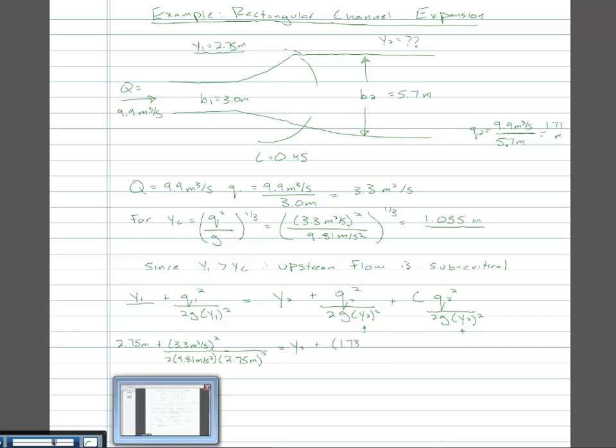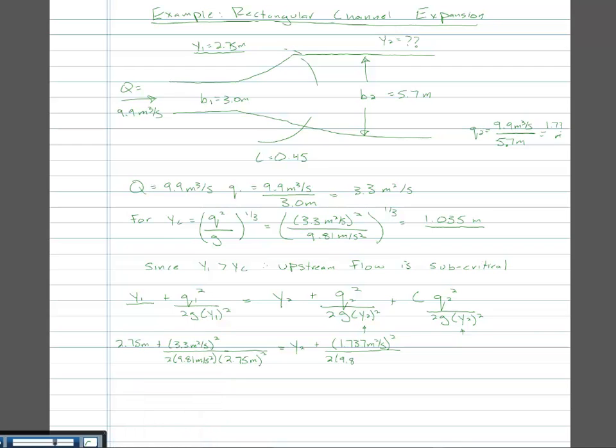So 1.737 meters squared per second, squaring that, over 2 times 9.81 meters per second squared, and the unknown y2 squared, plus the c value, which we're given, the losses are 0.45 times 1.737 meters squared per second, squaring that, divided by 2 times 9.81 meters per second squared, and again y2 squared.